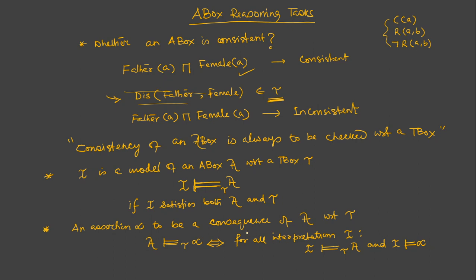If that is so, then we say that this alpha is a consequence of A. This alpha is entailed by this A box A. We will be having examples of all these things, right?